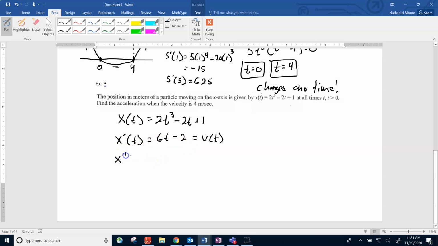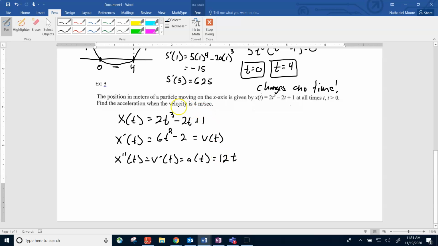So it's like saying x double prime of t, which is equal to v prime of t, which would actually be equal to our a of t, which is our acceleration. So if we take the second derivative of this, it would just be 12t.